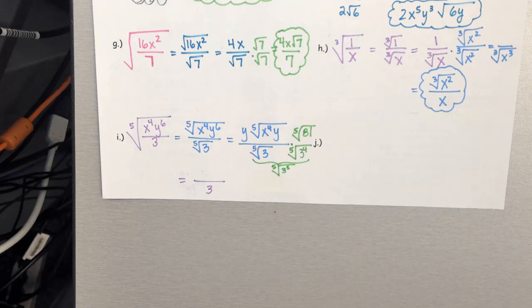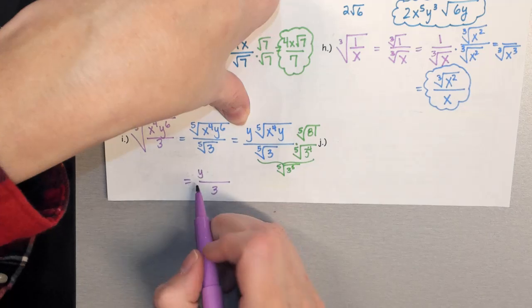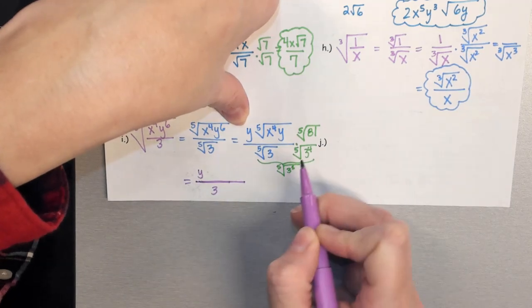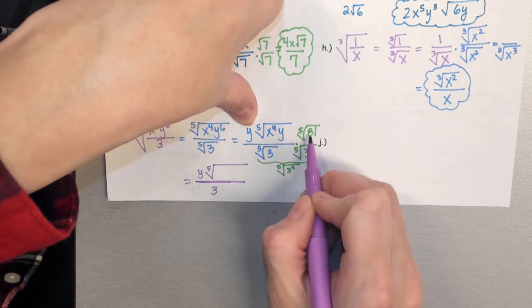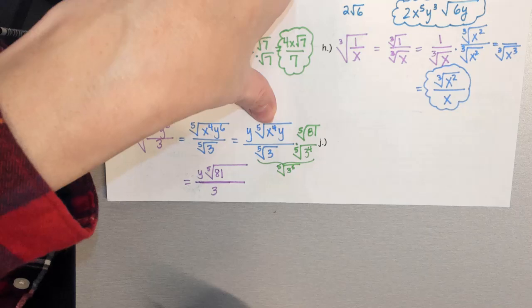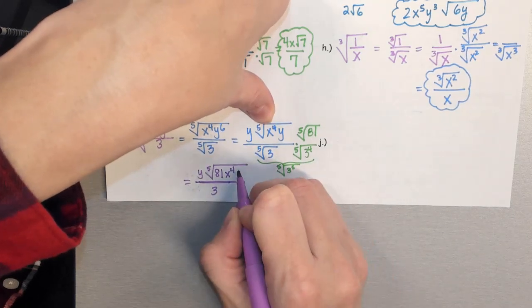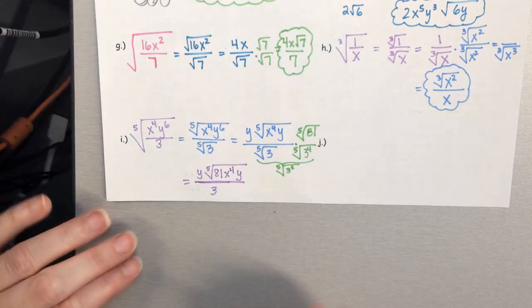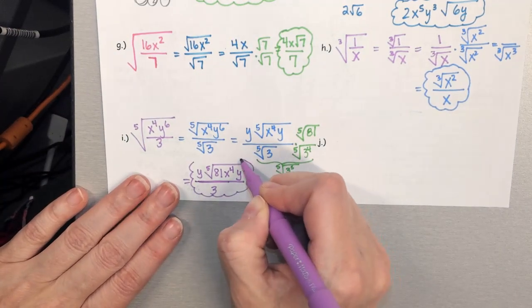And then in the numerator, the only thing you have on the outside is y. And then underneath the radical has to be everything multiplied. So 81, there's nothing to multiply it by, so that's going to stay. You have x to the 4th, and then you have your y. And this is going to be your final answer.